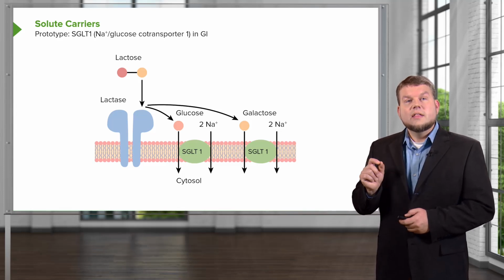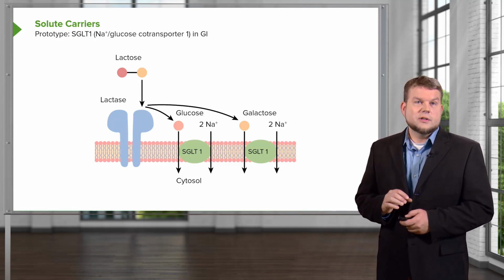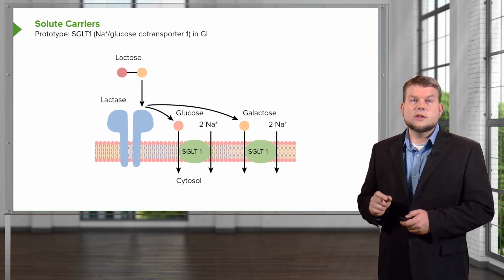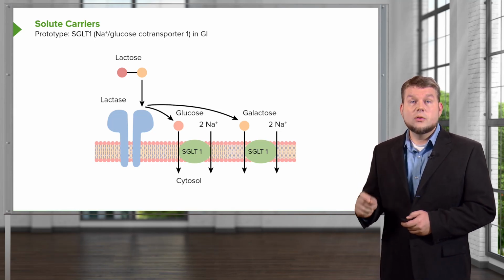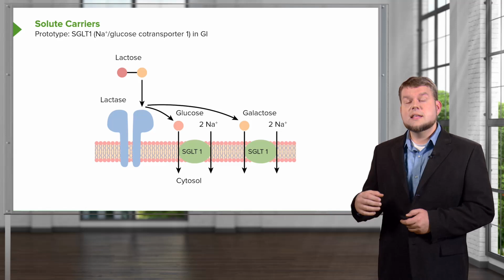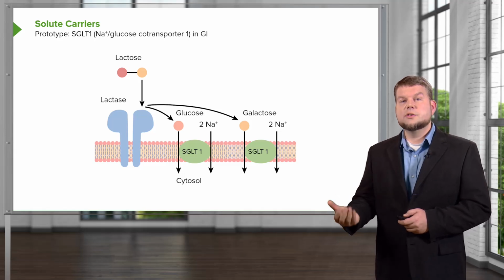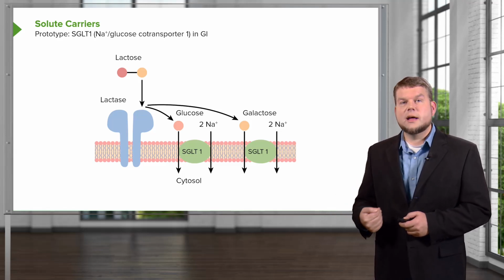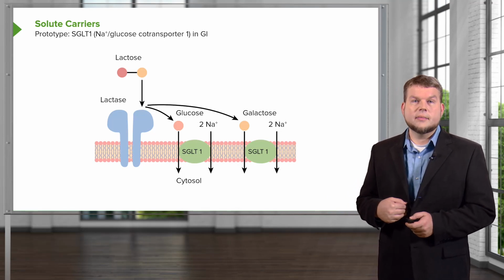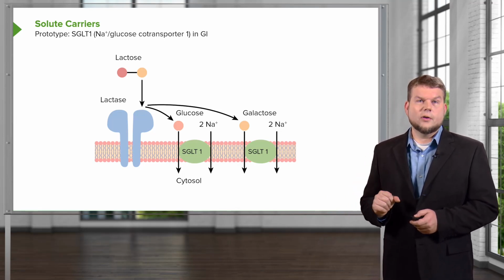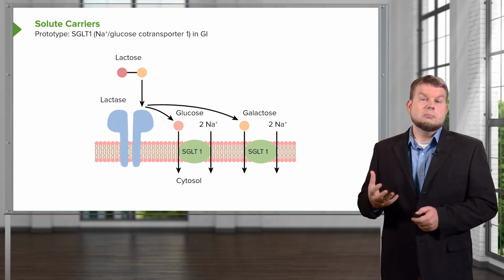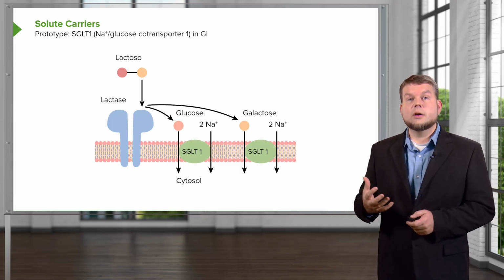Now, the prototype that we want to focus on today is the SGLT1, which is the sodium glucose cotransporter 1. This is one of the primary ways in which you're going to bring glucose into the body in the GI system. So this is usually how it occurs if you take in, let's say, milk or some sort of dairy product.